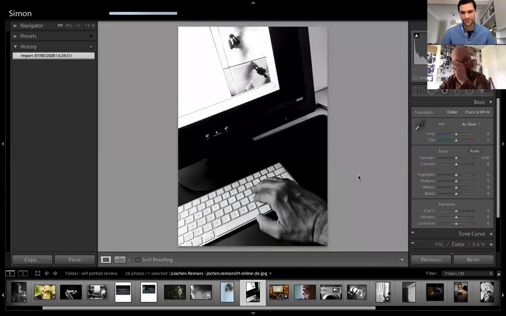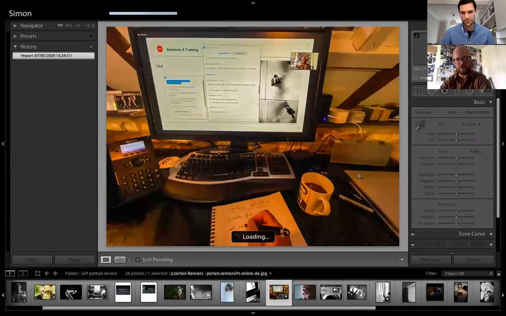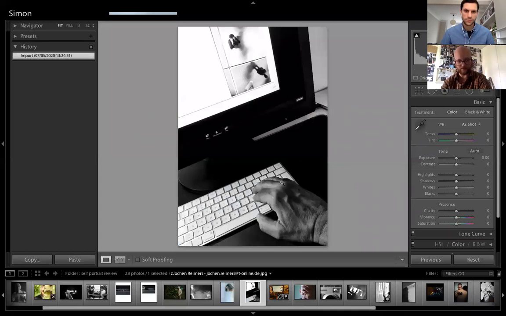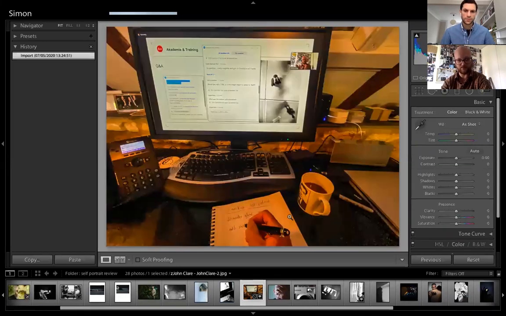So this image and the next image I was going to talk about are similar, because they've both used the context of the class itself and have included aspects of their screen and my slideshow playing on their screen. This person's using their keyboard to write something, this person's making notes.